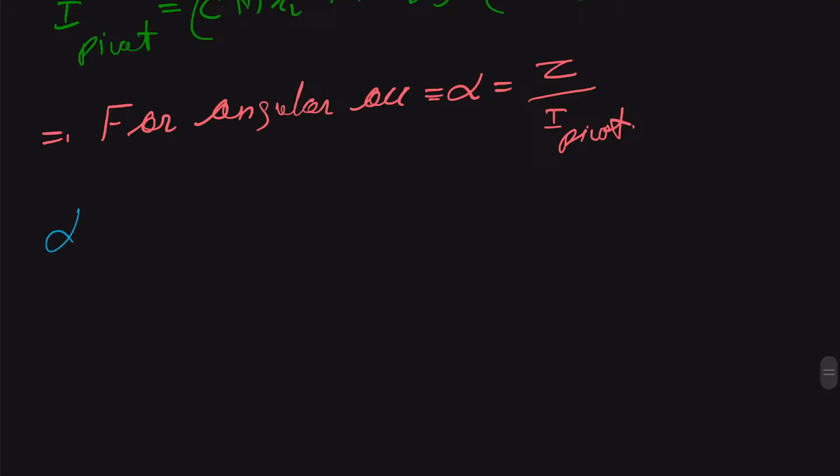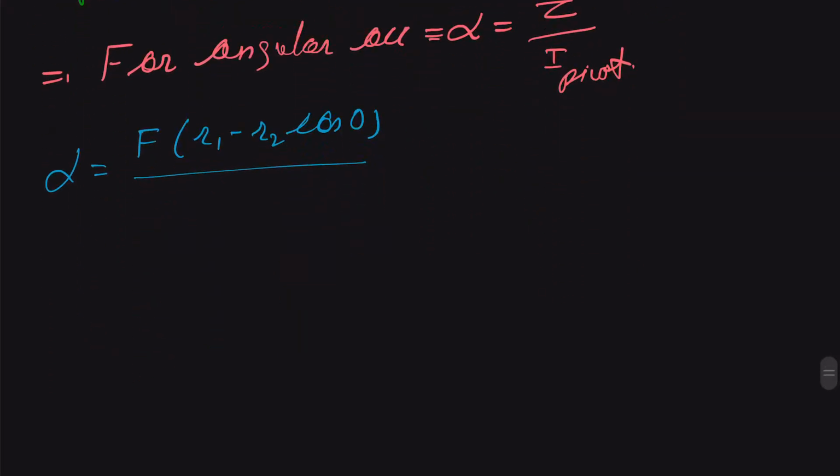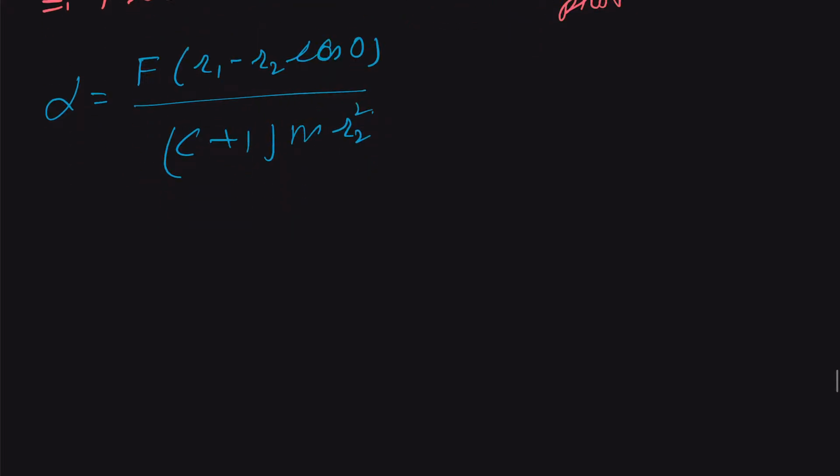So we get the angular acceleration equal to F (r1 minus r2 cos of theta) divided by (C + 1) multiplied by m r2 square. And next is our translational acceleration.